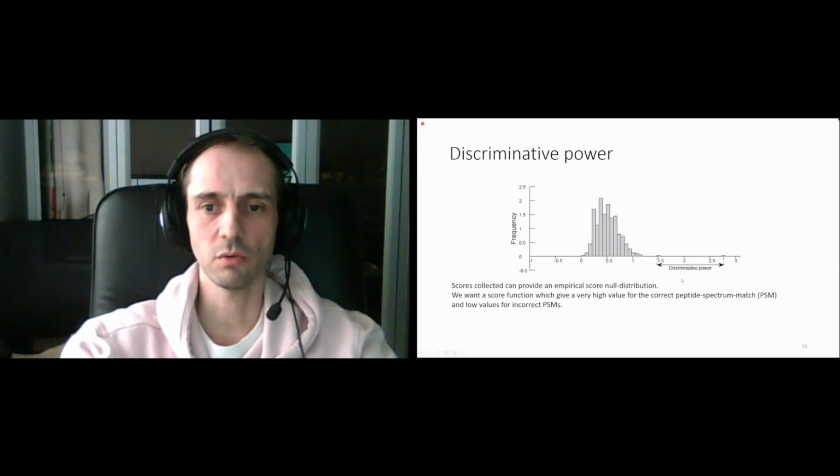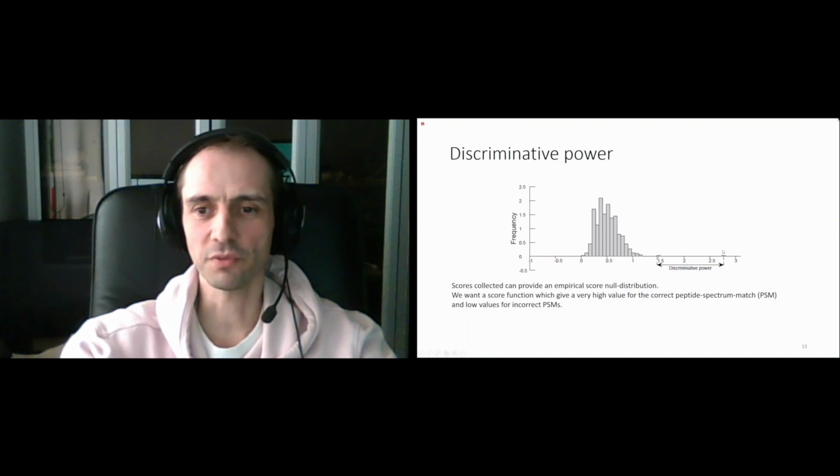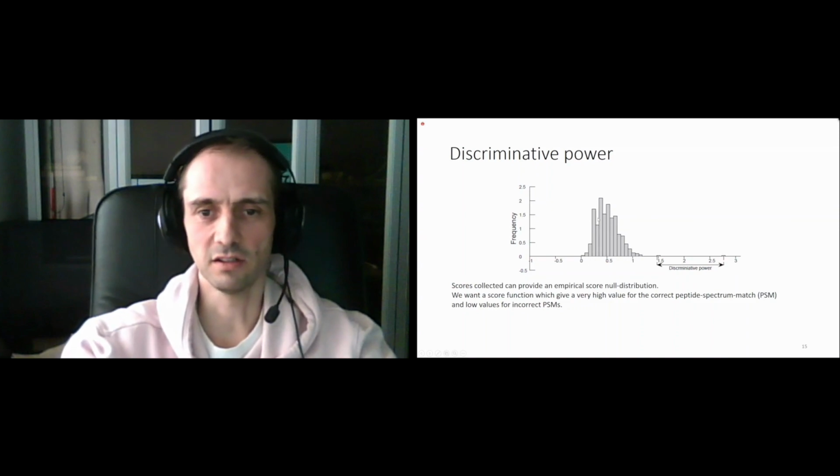Okay, so then we can define this discriminative power. It is basically the difference between the score of the top scoring peptide and the rest of the scores in the histogram.